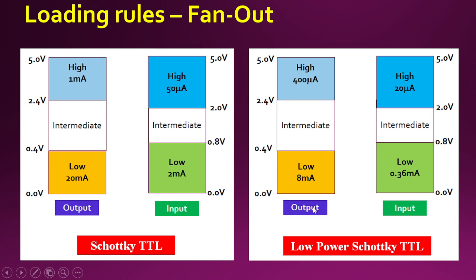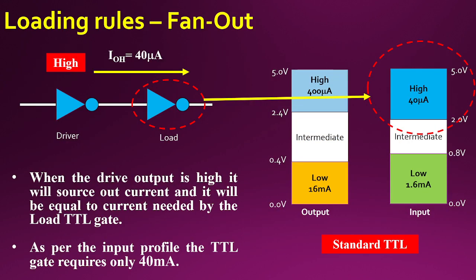So keeping this in mind, let us try and understand, if we have a standard TTL driver and the load is also standard TTL. So we will have to consider both the situations, when it is high as well as low.